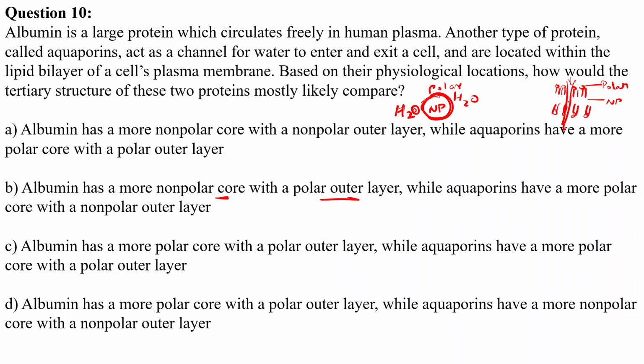That means the inner layer of the aquaporin will have a polar core. Basically, the core of the aquaporin should have polar amino acids. Why? Because the core is actually forming the channel, letting the water molecules enter and exit the cell.